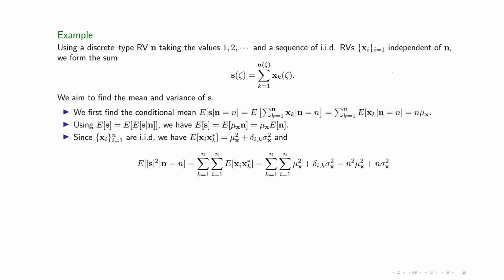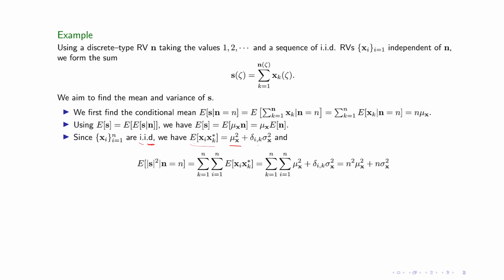Now for the variance, first of all, because they are independent and have identical distribution, the correlation between xi and xk is calculated like that. If i and k are not equal, this is going to be mu x to the power 2, and if they are equal, it is equal to mu x to the power 2 plus the variance.